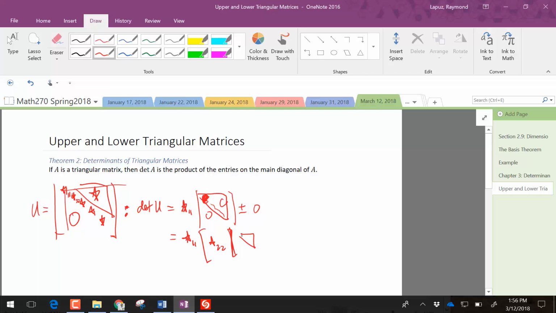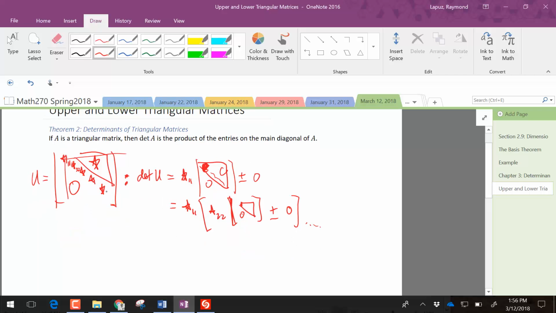You'll still have an upper triangular matrix with zeros in the bottom, and again a bunch of zeros that come after. You keep going through this process, and you'll see that the only thing that really matters is all the stuff in the diagonal.